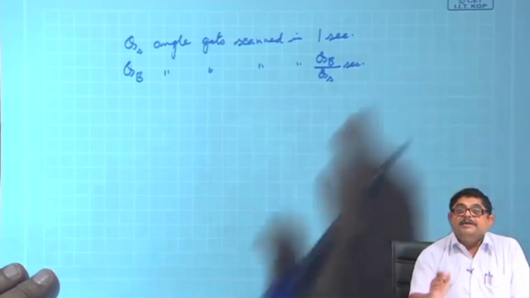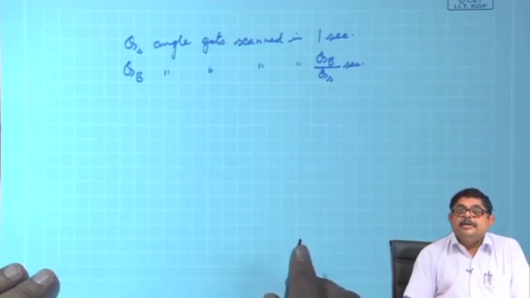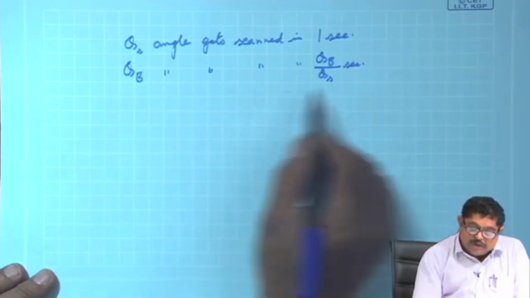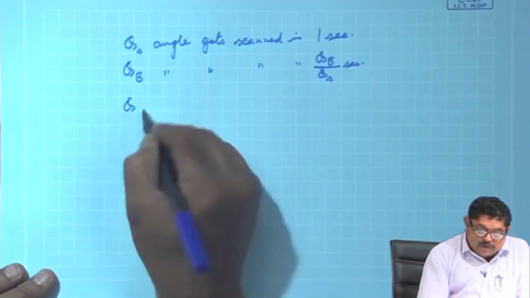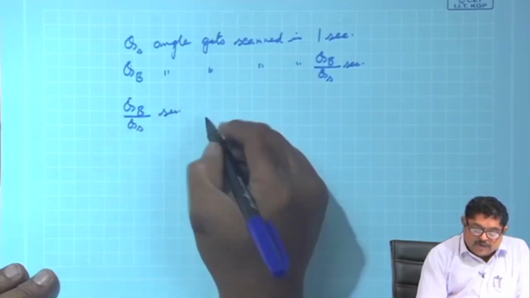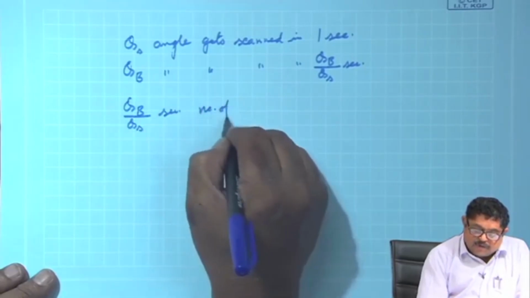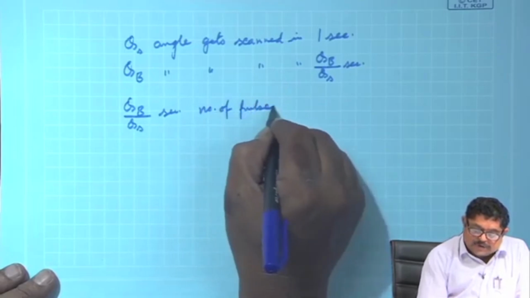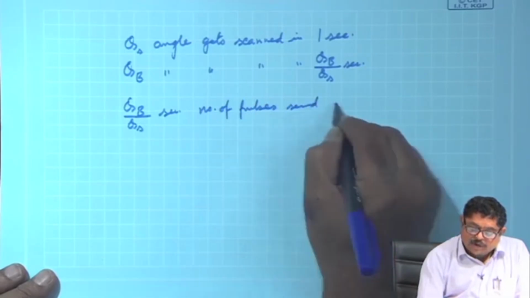But how many pulses have I sent in that time? So, in theta b by theta s seconds, the number of pulses sent is how much?